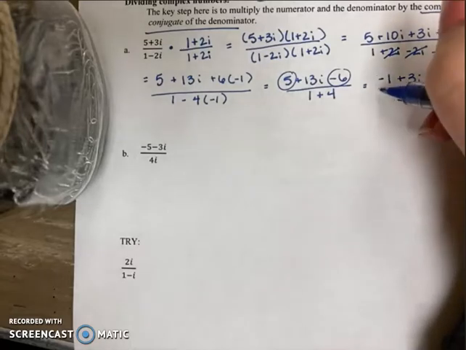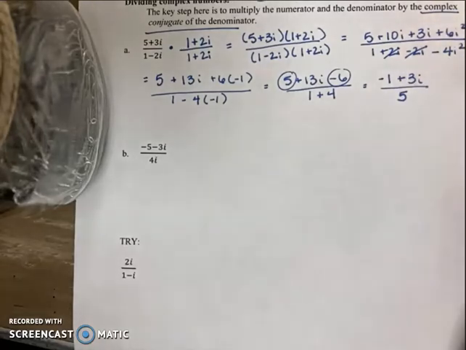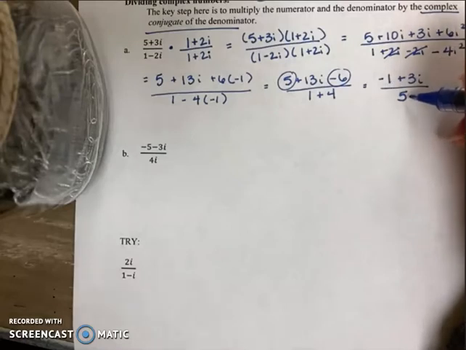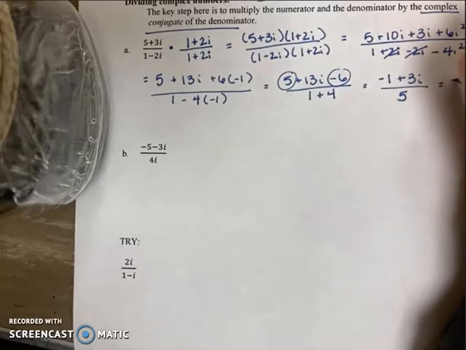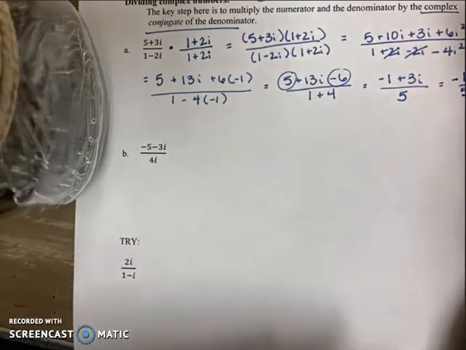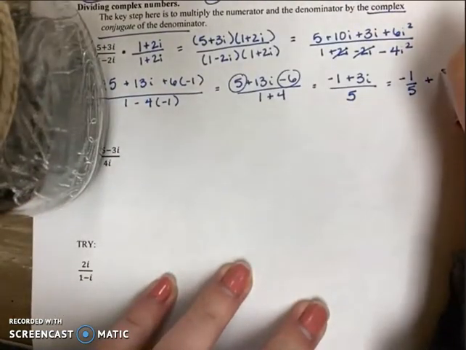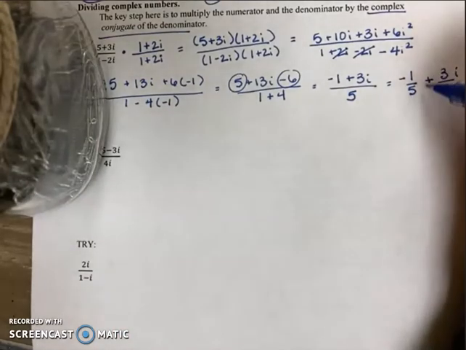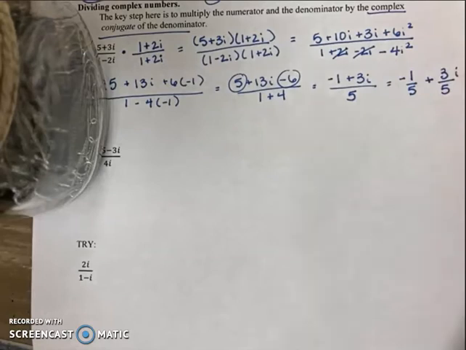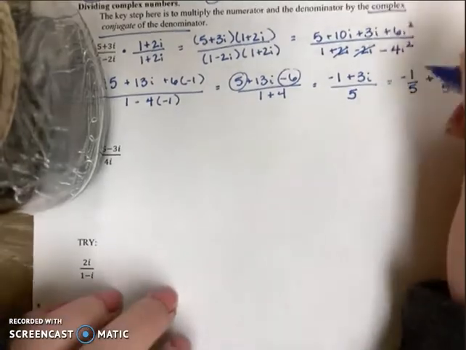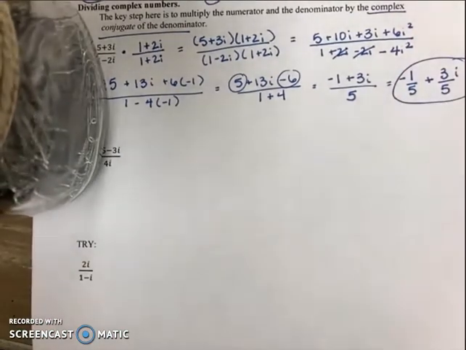So this is technically all being divided by 5, meaning I can rewrite it as negative 1 over 5 plus 13i over 5. Notice how negative 1/5 is a real number and 13i over 5 is my imaginary number. So we are finally all done with this first one.